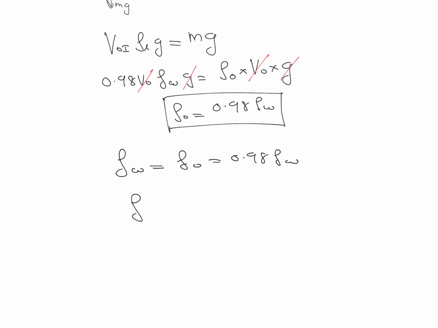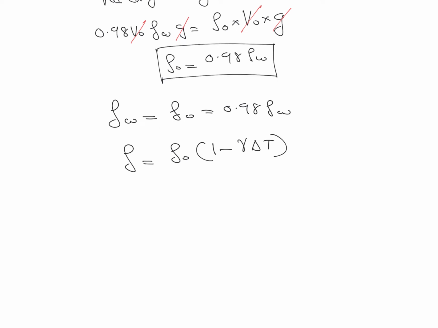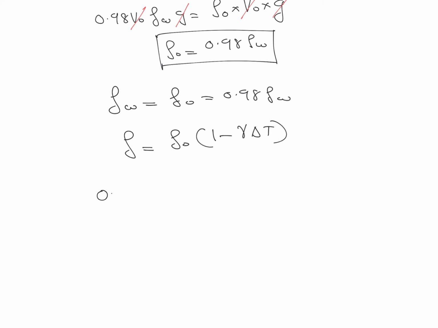We can use the equation for variation of density with respect to initial density: final density is equal to initial density into 1 minus gamma delta t. So the final density should be equal to 0.98 times the density of water, and the initial density is the current density of water, into 1 minus gamma delta t.